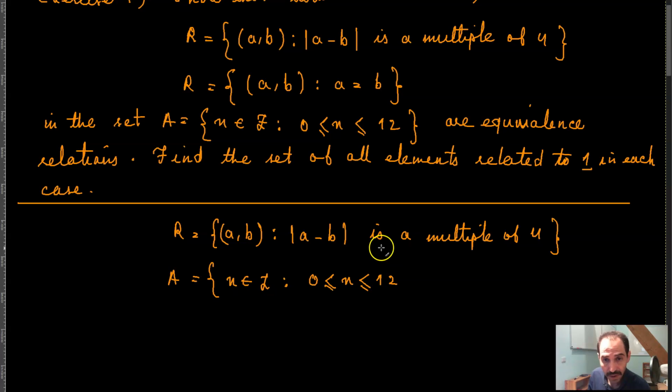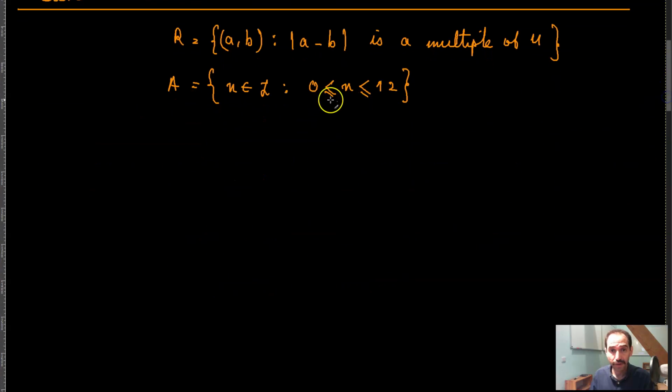And I want to show that R is an equivalence relation. So in order for R to be an equivalence relation, it has to be reflexive, it has to be symmetric, it has to be transitive.